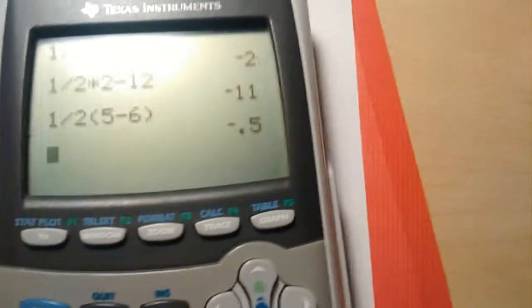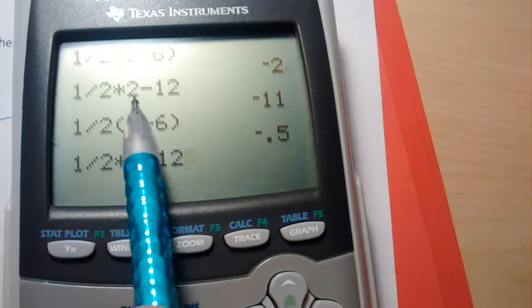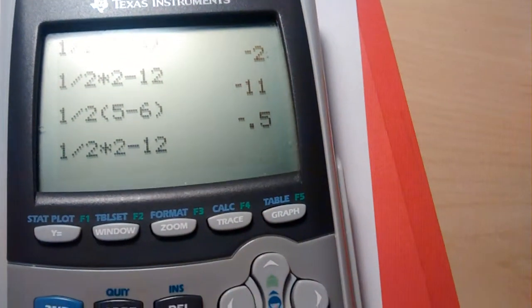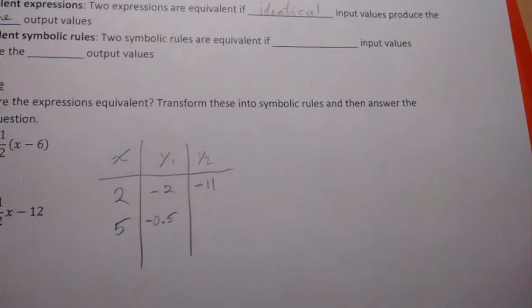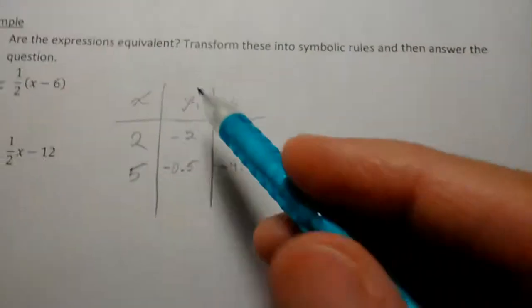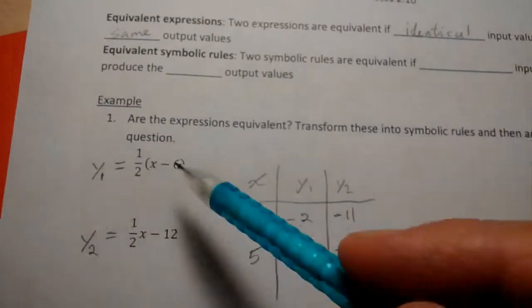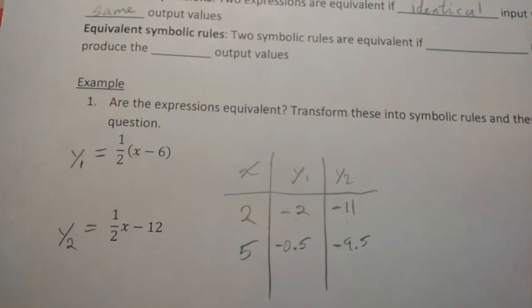And then I'm going to do second enter again twice for my second formula here, replace that with a 5, and that gives me -9.5. So again, these two input values do not produce the same output values, so these are not equivalent.